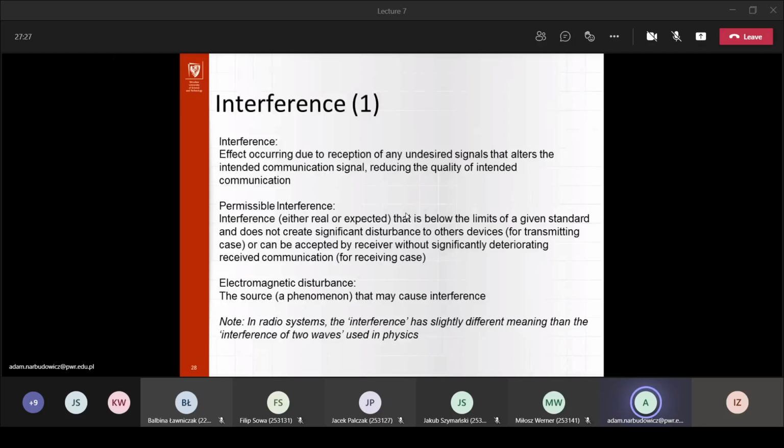Whereas, as opposed to the interference of coherent waveforms, wave signals. All right. So basically, a good example of interference would be, especially in a student dormitory, though probably not in student dormitories, because there is probably one big Wi-Fi.